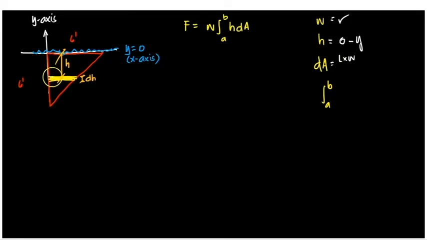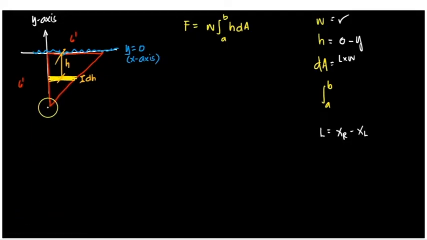But now the length is not constant. That is the problem. Since length is not constant, it should be x of the right minus x of the left. The width, we don't have a problem. The thing is, what's the x of the right and x of the left?